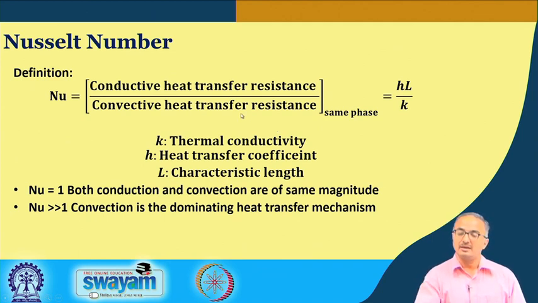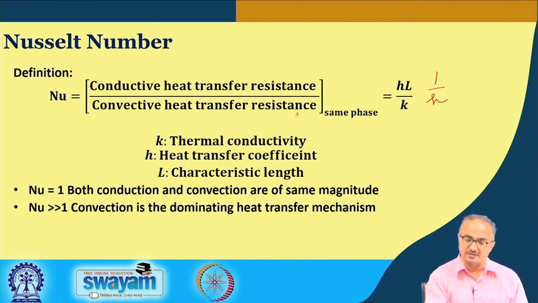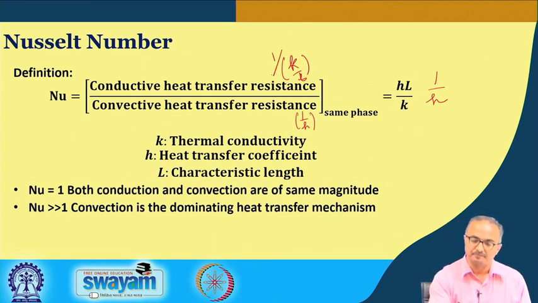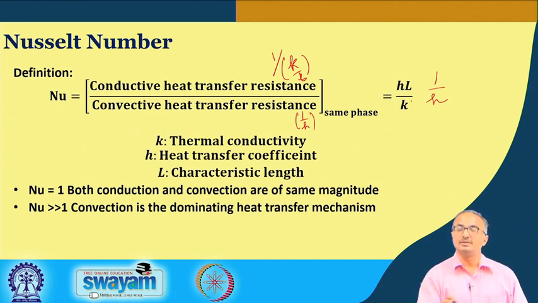This 1 by h, the inverse of the heat transfer coefficient, is the convective heat transfer resistance, and this 1 by K by L is the conductive heat transfer resistance. When you plug in this, you get the Nusselt number.